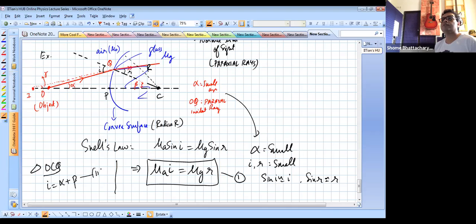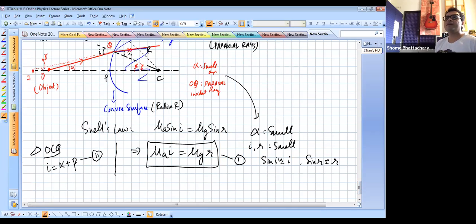That's my second equation. Okay. And now similarly consider the triangle formed by this one IC, the normal CQ, and the refracted ray produced back, which is IQ. Okay. So triangle ICQ. So in that, what is happening? The angle of refraction R is the exterior angle, and that is becoming the sum of gamma plus beta.